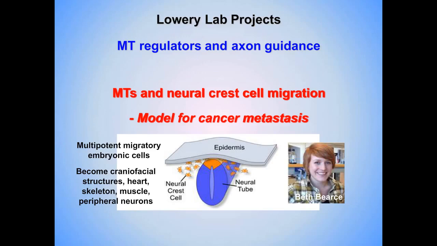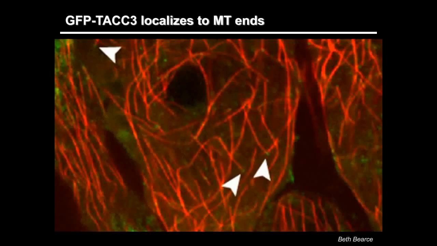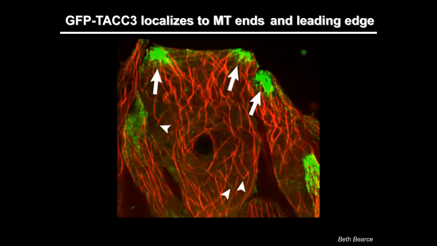Now, we became interested in neural crest cells when Beth was sitting at the confocal imaging GFP TACC3. Again, she was the person that first saw this +TIP localization. You could see the GFP TACC3 is located on these, where the arrowhead's pointing, at the ends of these microtubules. But she also saw that in certain populations of cells, such as neural crest cells, GFP TACC3 was highly enriched at the leading edge surrounding focal adhesion structures.